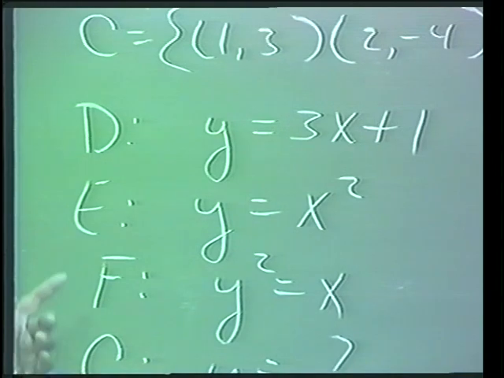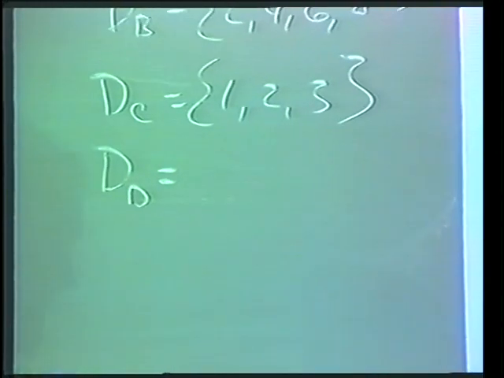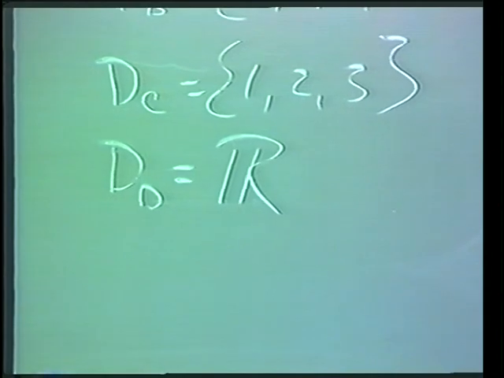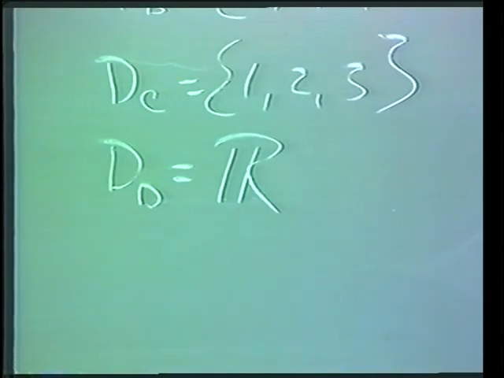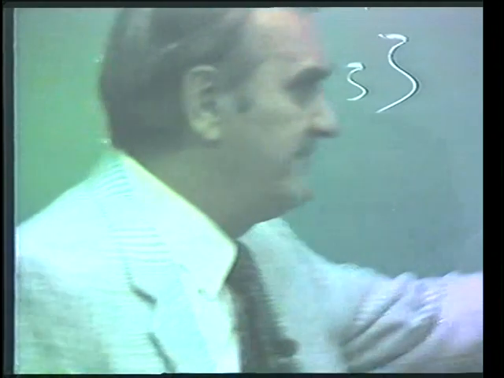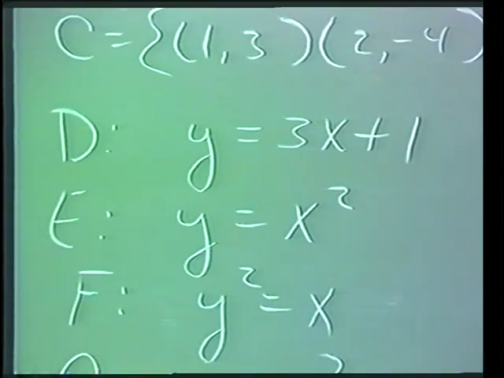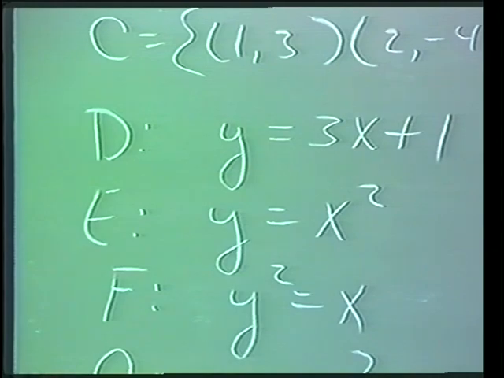So the domain is all the reals. Now the symbol for all reals as you go on in math is the double bar R. This will be the symbol for real numbers. You see, I can plug in any value I want for x, and I'll come out with a value for y.